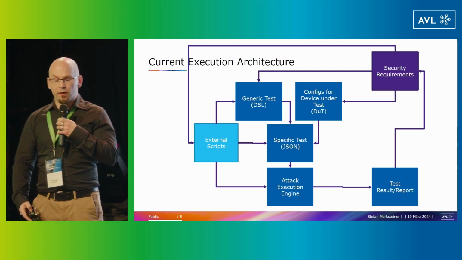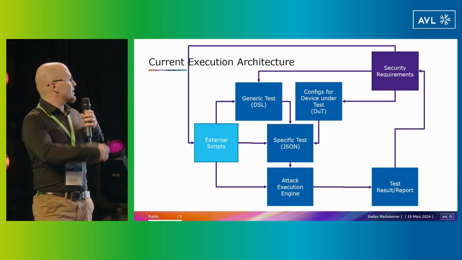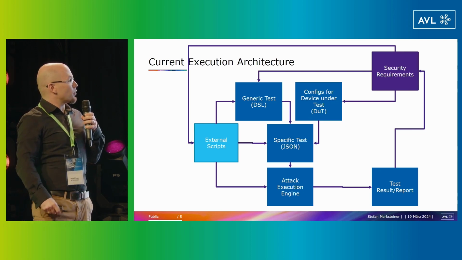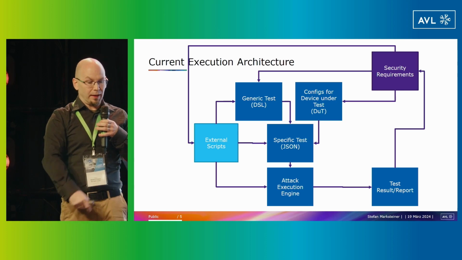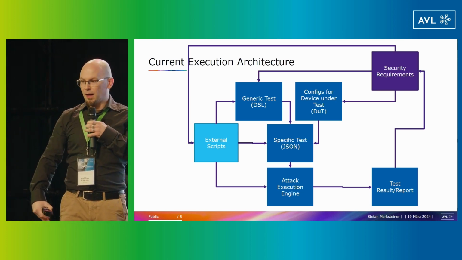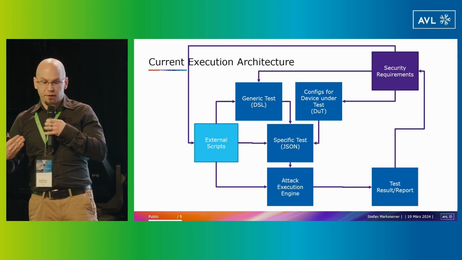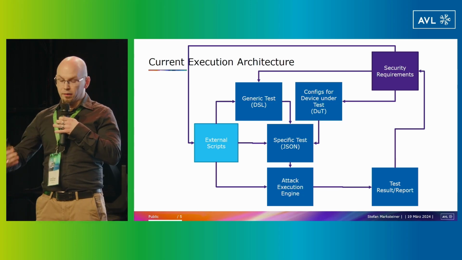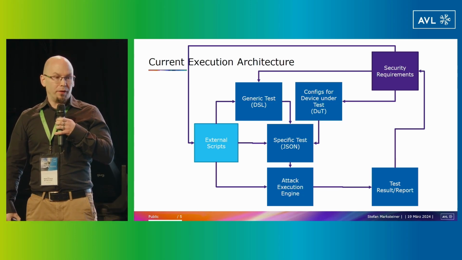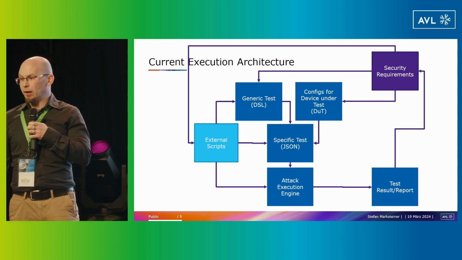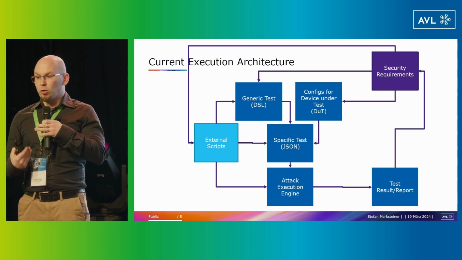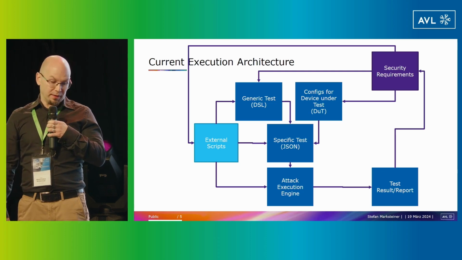As you can see on this diagram, in the upper middle, on the right side, you have the data regarding the device under test. On the left side, we have the structure of the attack that you can run on your device under test. With those two components together, we can compile a real test case suitable for this specific device under test.